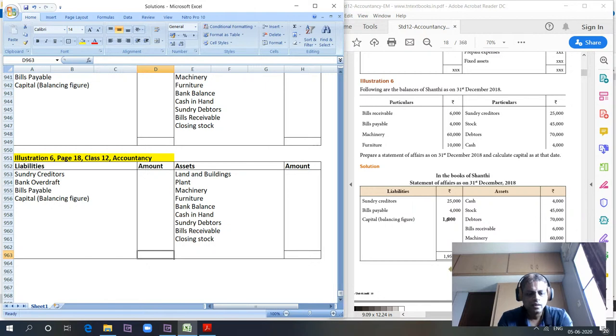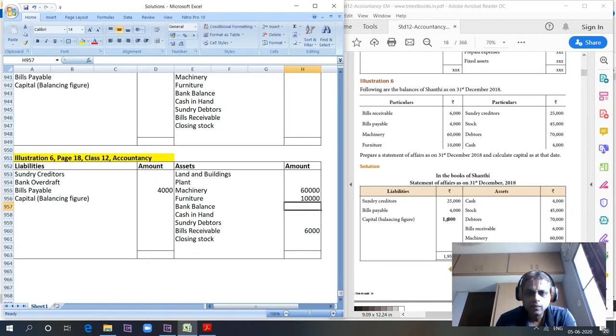Let's start putting it in. Bills receivable 6,000 rupees. Bills payable 4,000. Then machinery 60,000. Then furniture 10,000.